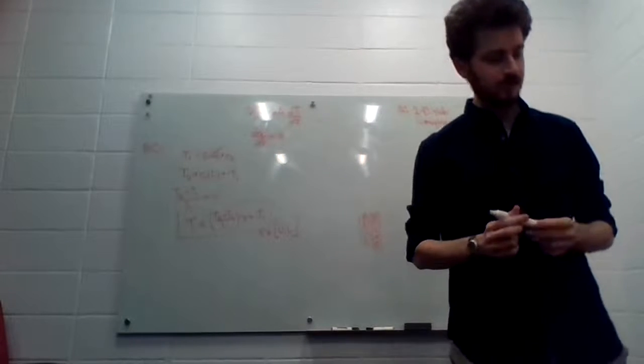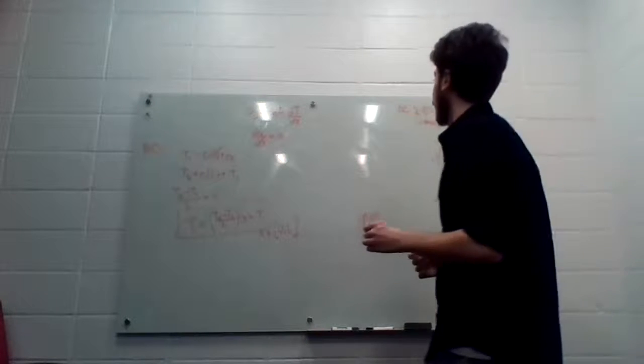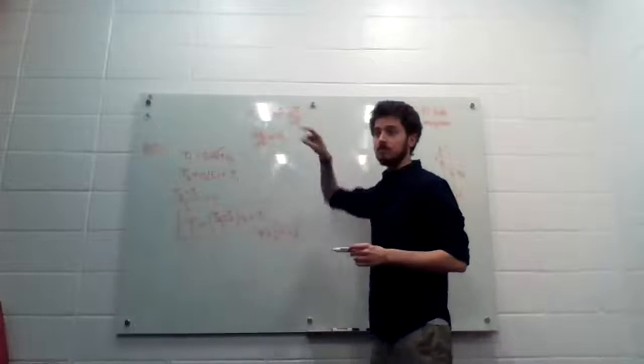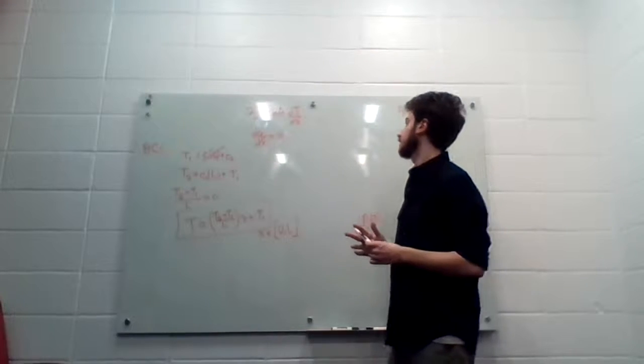To get thermal resistances, we are going to go back to our original Fourier's law. Q equals negative kA dT/dx.